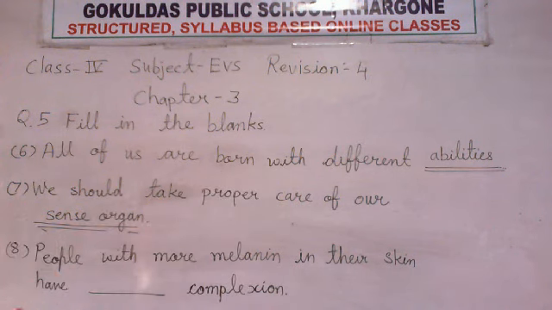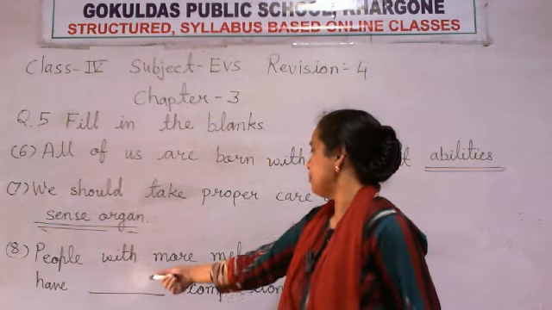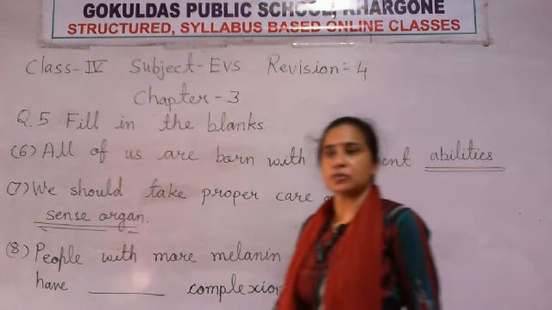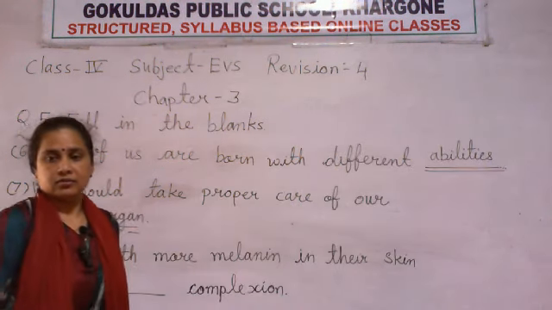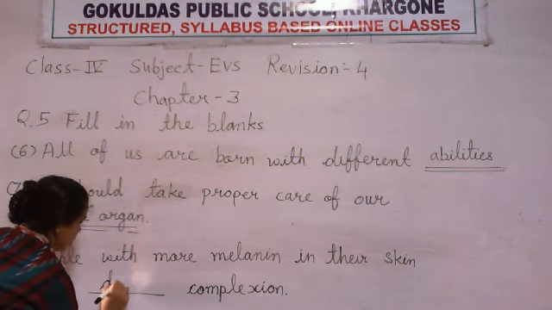Means people who have more melanin in their body. People with more melanin in their skin have which type of complexion? That is dark complexion.